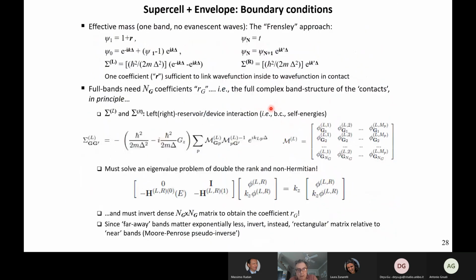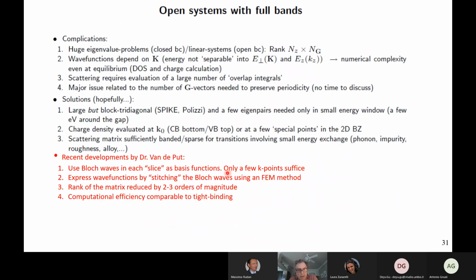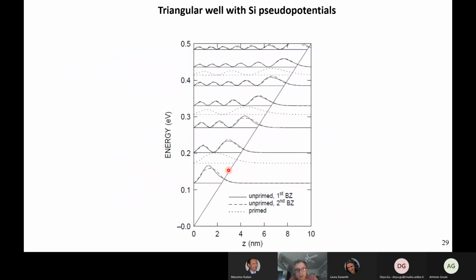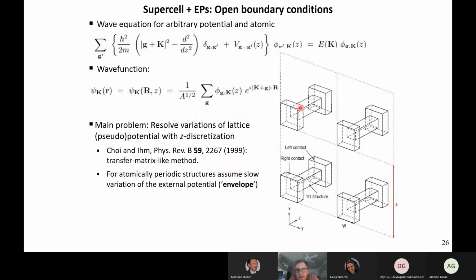The idea that this postdoc of mine, Dr. Martin van der Put, had was, why don't we, in each slice of this device, rather than using plane waves, solve the band structure, calculate the Bloch waves, and use as basis functions the Bloch waves that I have in each slice.